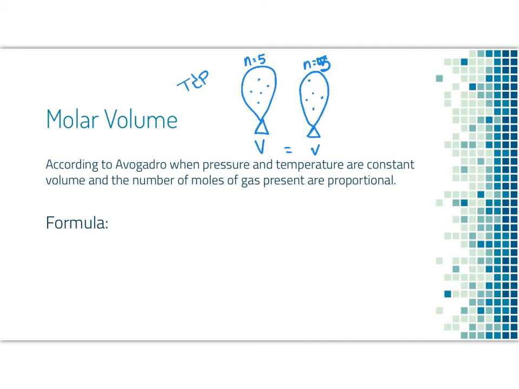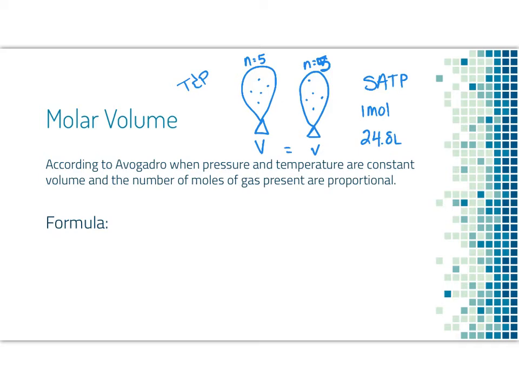So what we know is that at SATP conditions, 1 mole will have a definite volume of 24.8 liters. So the idea is that if I have less than 1 mole, I will have less than 24.8 liters, but it will be proportional.